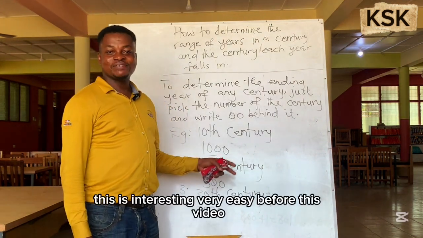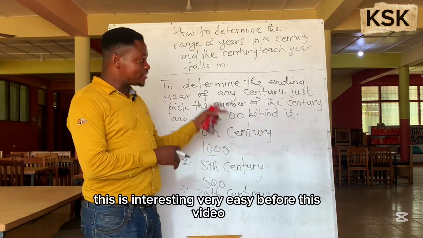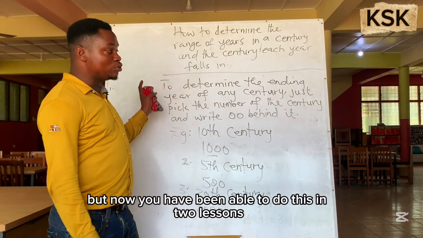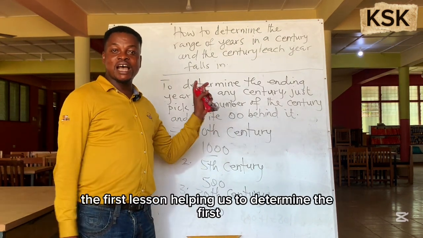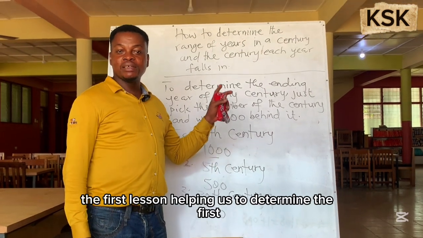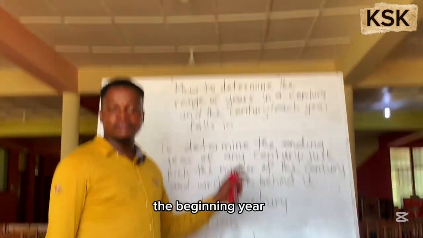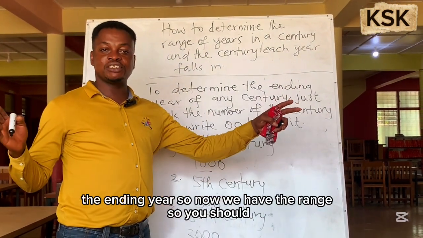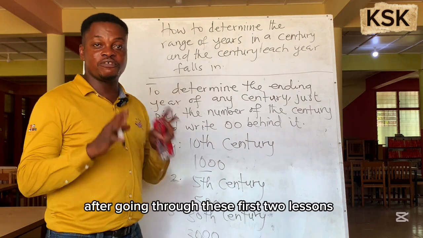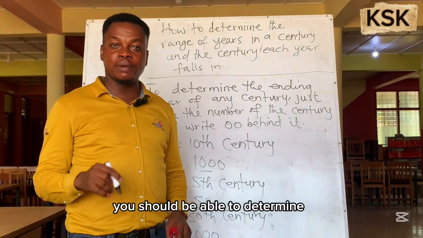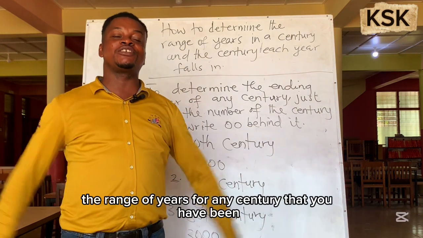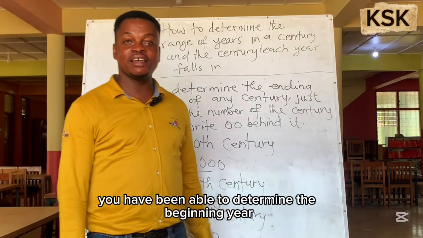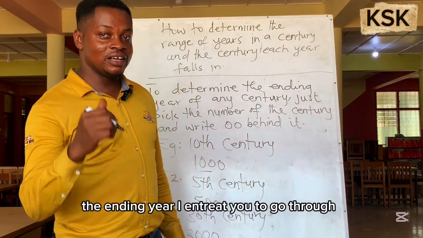This is interesting, very easy. Before this video, I think it was complex for you, but now you have been able to do this in 2 lessons. The first lesson helped us determine the beginning year, and the second lesson helped us determine the ending year. So now we have the range. After going through these first 2 lessons, you should be able to determine the range of years for any century you are given.